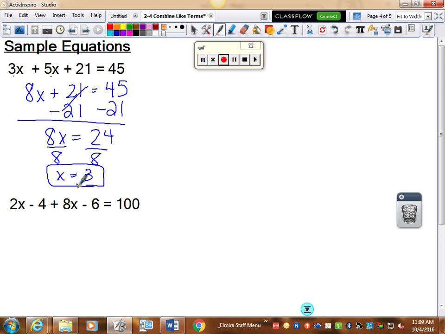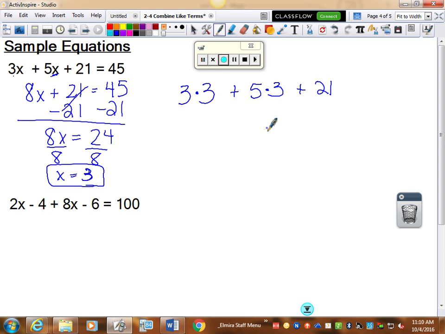Okay? Now if we're checking this, again, all we're doing is subbing in. So it says 3 with an x next to it. That means 3 times x, which if I know that x is 3, I'm going to sub in a 3. Plus 5 times 3, I saw the x again, plus 21.